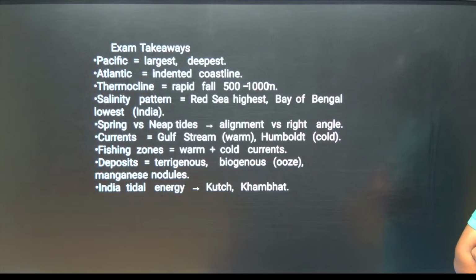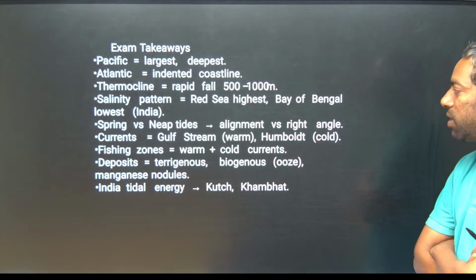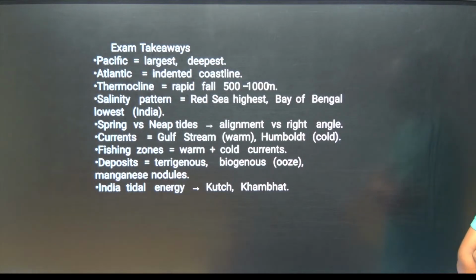Spring versus neap tides: alignment, or right angle, of the moon and earth. The currents: Gulf Stream is a warm current, Humboldt is a cold current. Fishing zones are where warm and cold currents meet. Deposits: biogenous, manganese nodules. India tidal energy: Kutch and Khambhat. These are the exam keywords, guys.